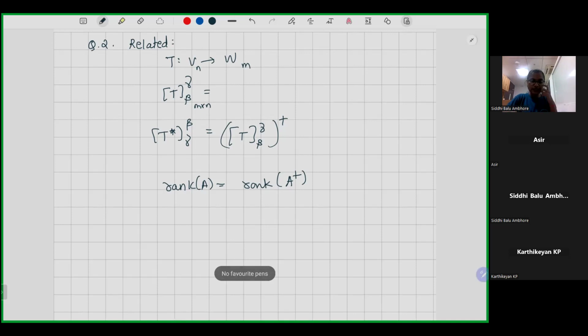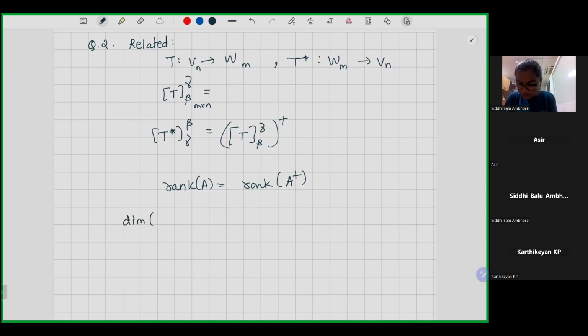For example, in this case, T is from V to W and T star will be from W to V, right? When I'm writing these subscripts for the linear transformation, these subscripts are dimensions.